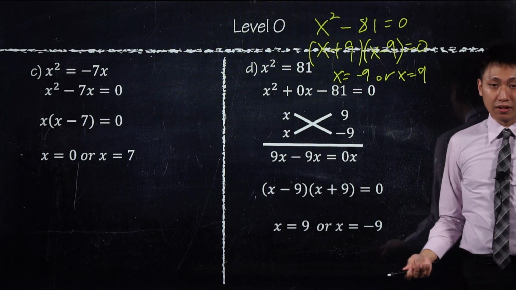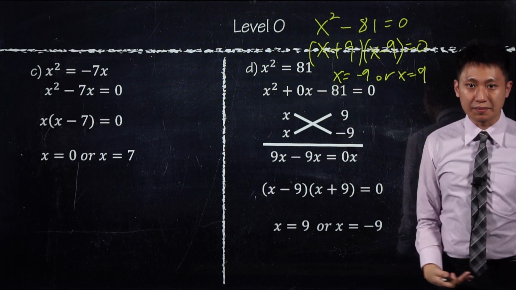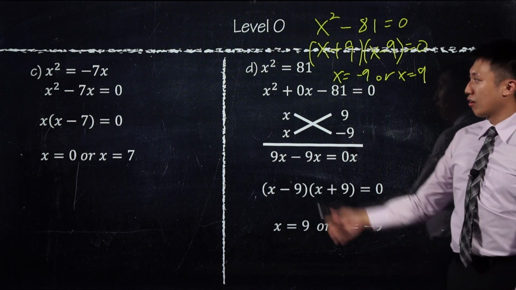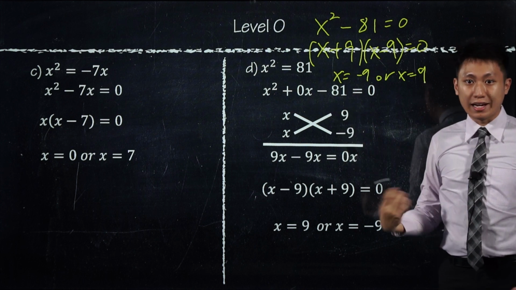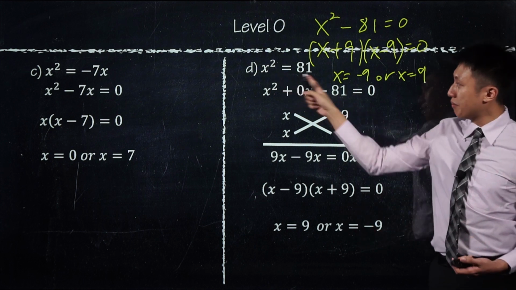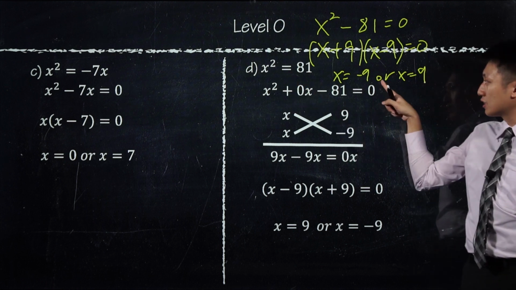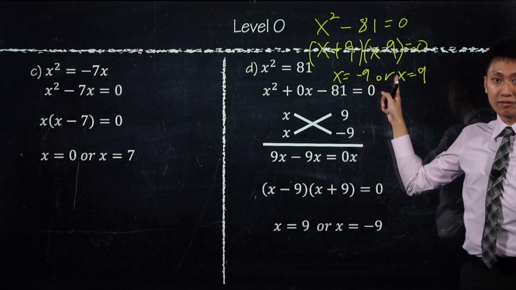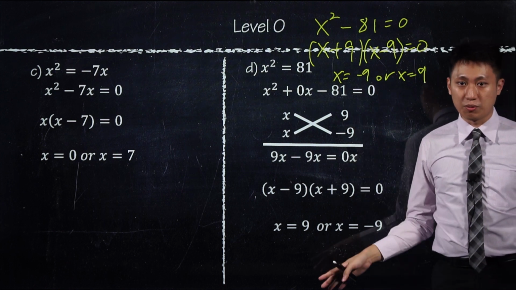Okay, then you're done. Try to use this. When you see this problem, you got to think about this one already, right? Or you can just directly take the positive negative square root of 81. Actually, that is a consequence of this one. But then you've got the formula, so you can always use it.